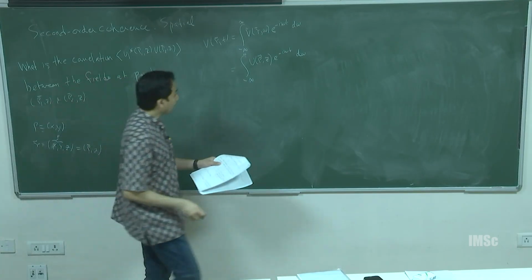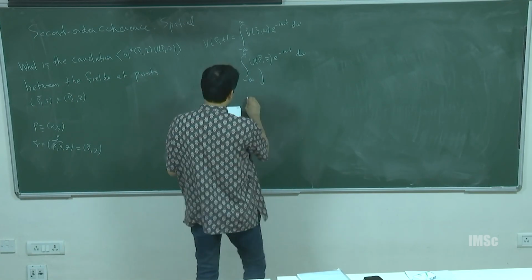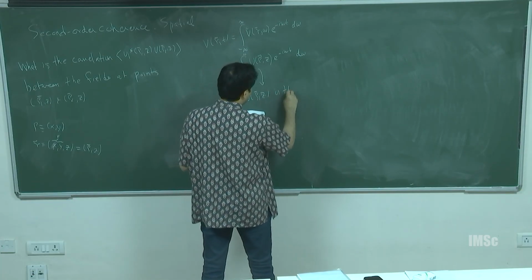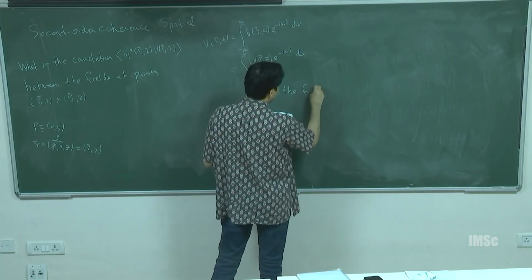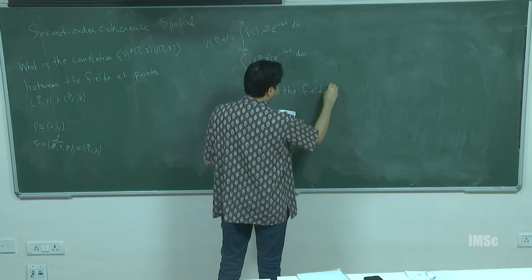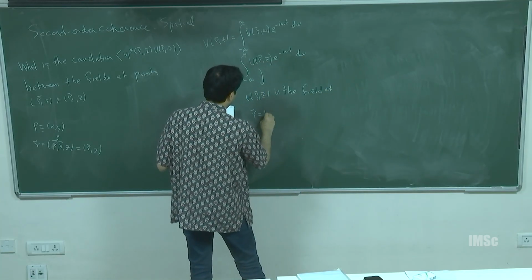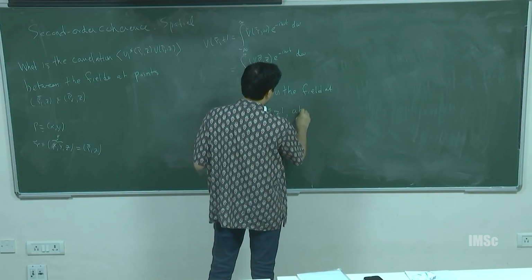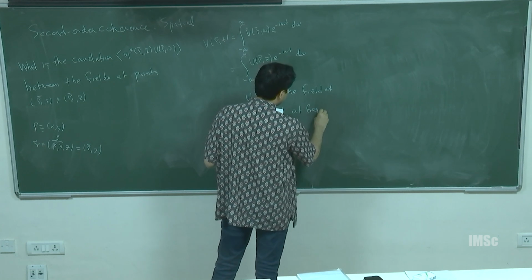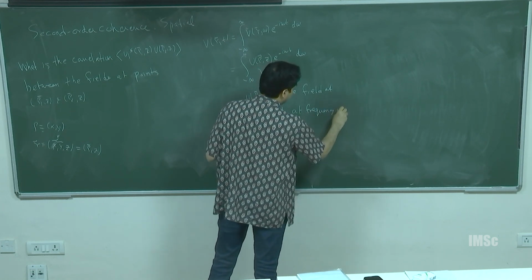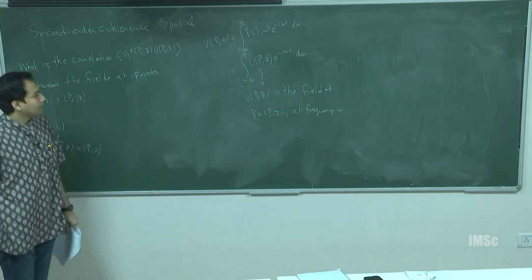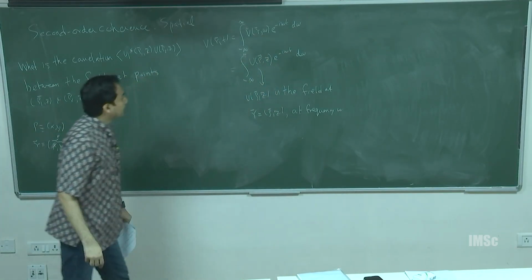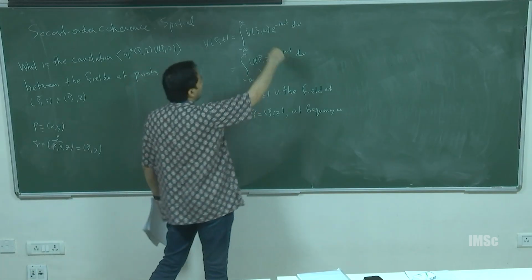Okay. So what this means is U of R is the field at point R. So it is not as if the field does not depend on omega.